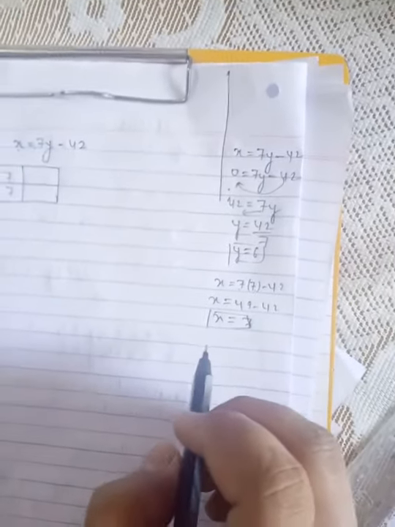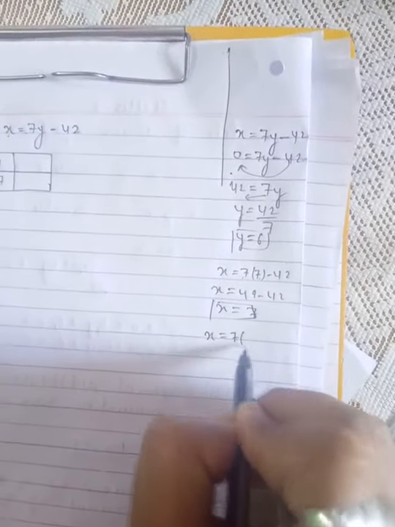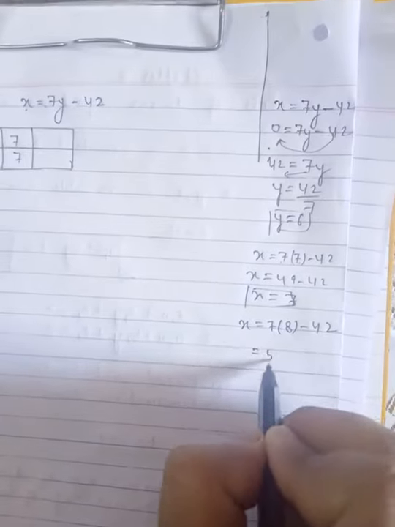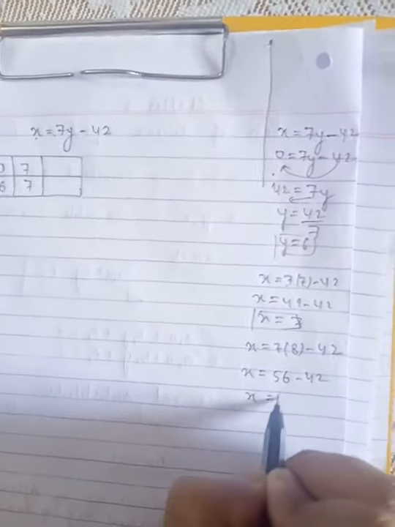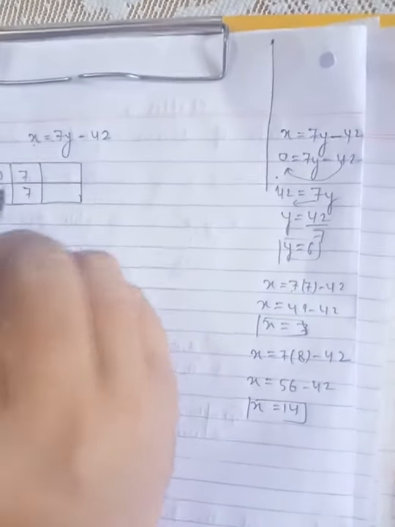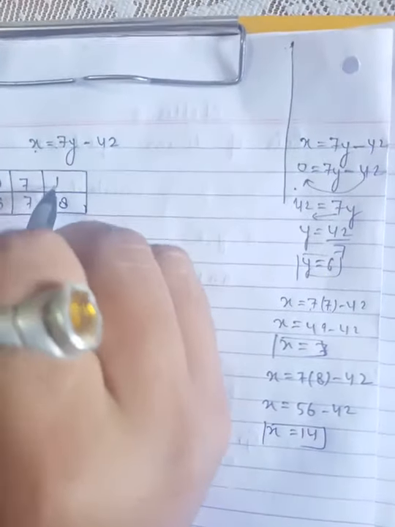Now take the value of y as 8. So 7 8s are 56. 56 minus 42 gives the value of x as 14. So for y as 8, we have got x as 14.